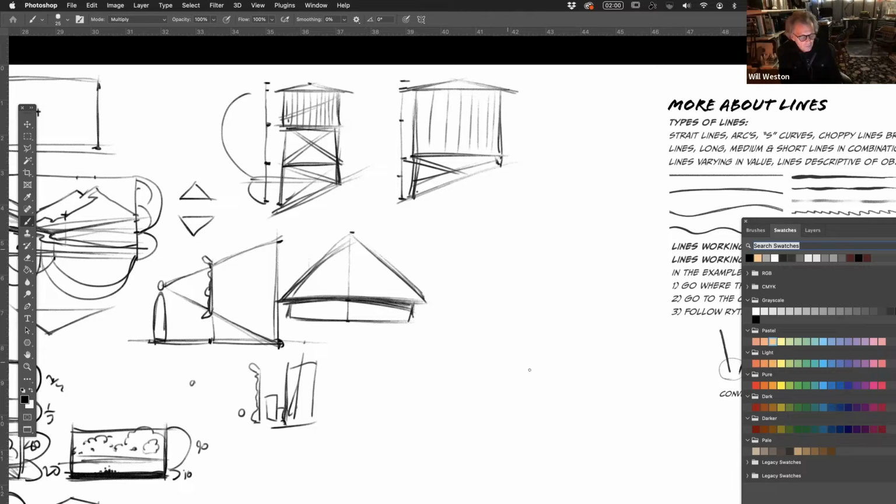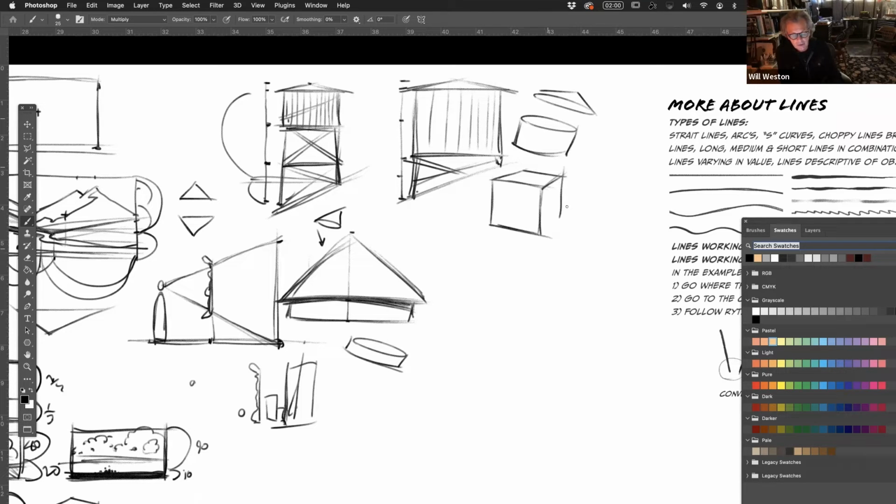So what is the top? This is a cone. What is the bottom? The bottom is a cylinder. The top is a cone. The middle is a cylinder. And the bottom is most likely a square for stability. You can't really see it from the side, but that's what it'll be.